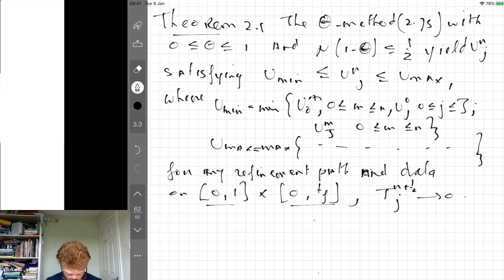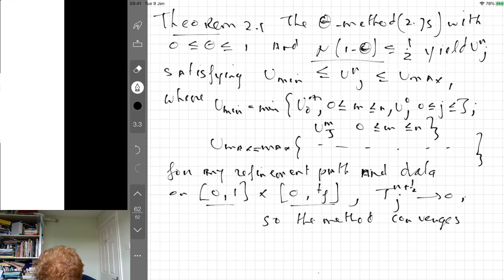So under that condition, the method converges. That's very important. You're guaranteed that it works upon this refinement.